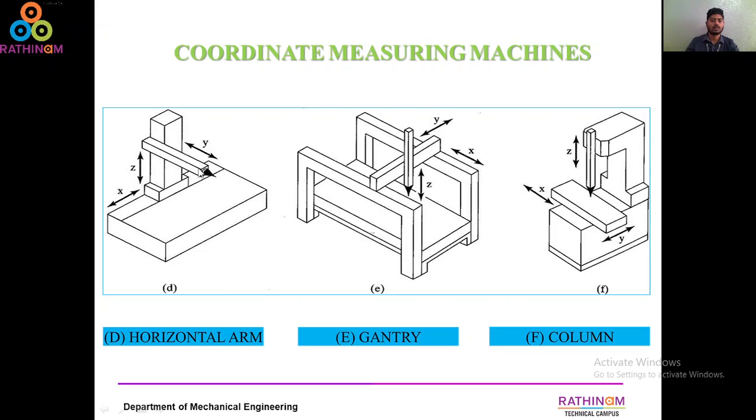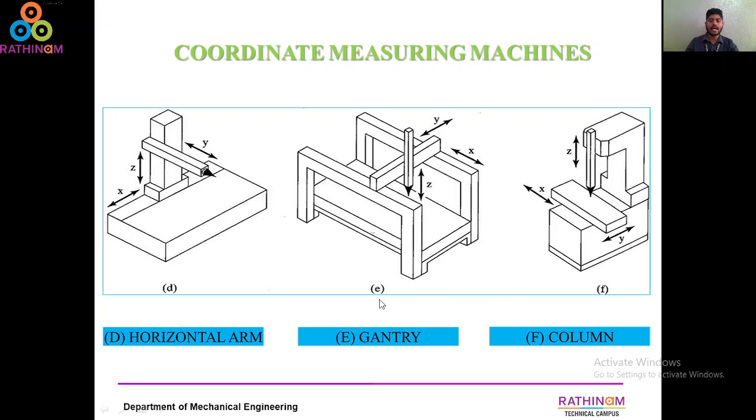The column is used for the x direction, and the probe can slide over the column like this, so it can get the z direction. Here the column moves entirely with the probe in the horizontal direction, that is, the x direction. So we can get x direction, y direction, as well as z direction.